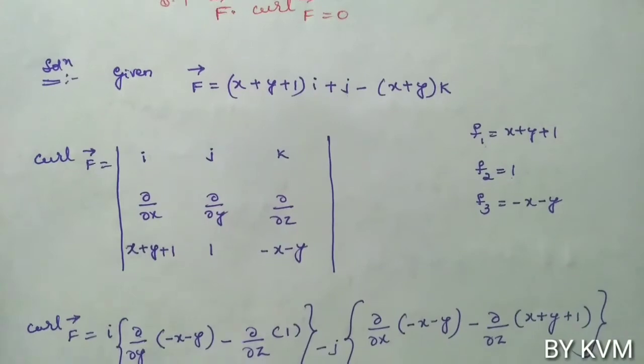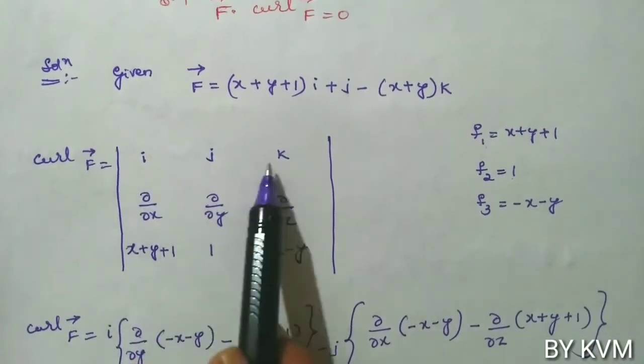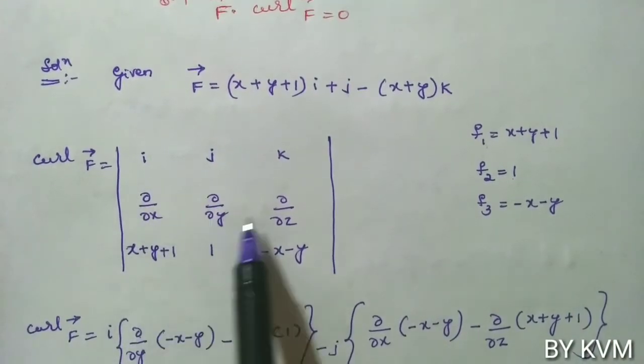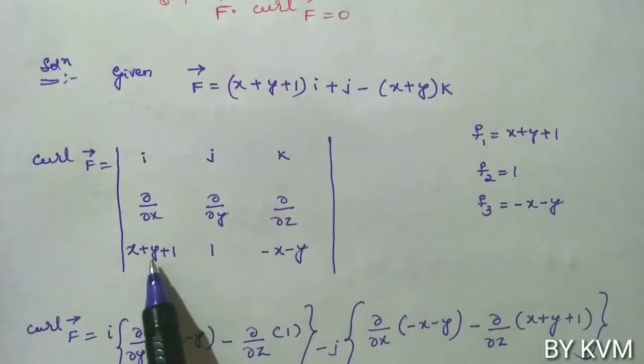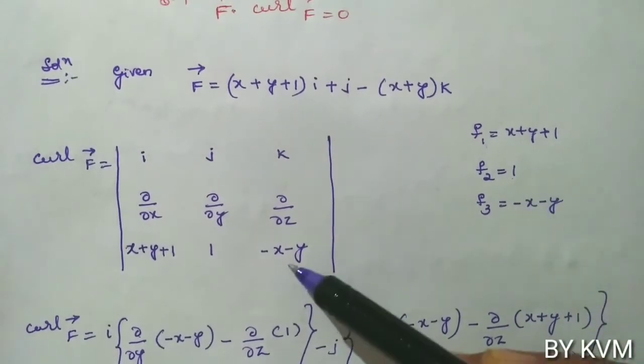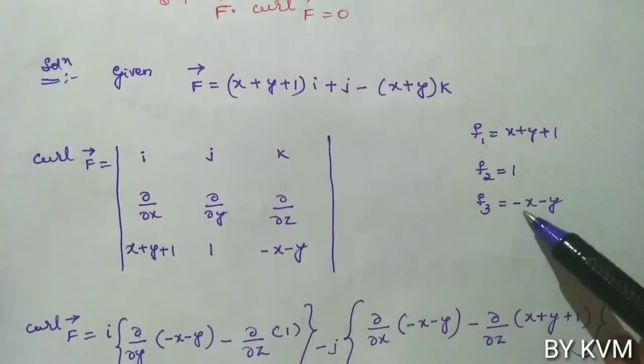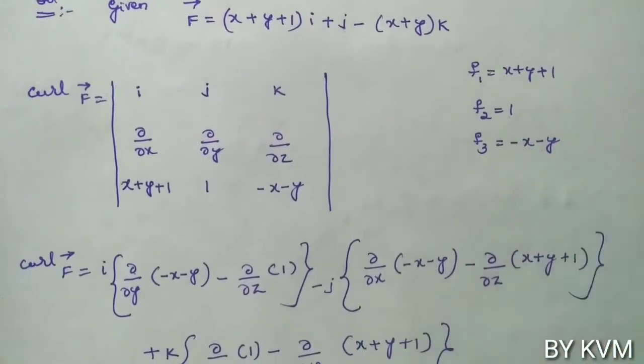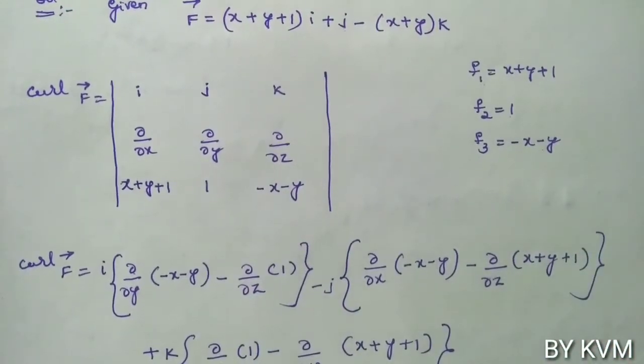So now curl vector f, first row is i j k, second row dou by dou x, dou by dou y, dou by dou z. Third row coefficient of i is x plus y plus 1, coefficient of j 1, coefficient of k minus x minus y. Then expand the determinant to find curl of vector f.